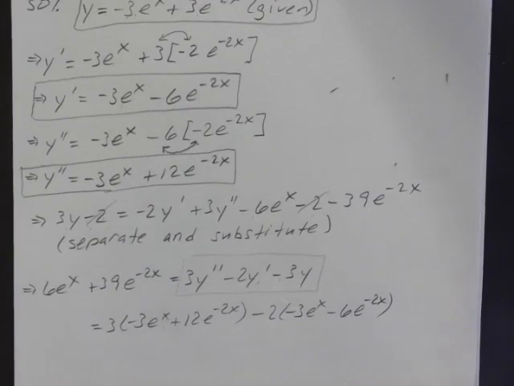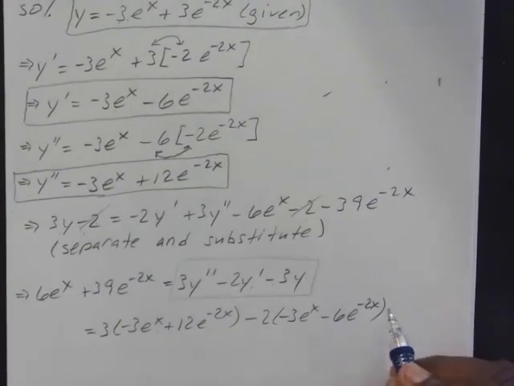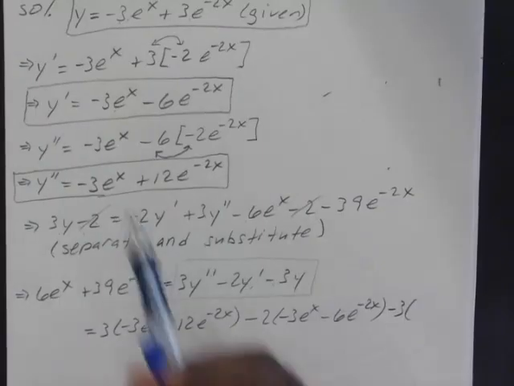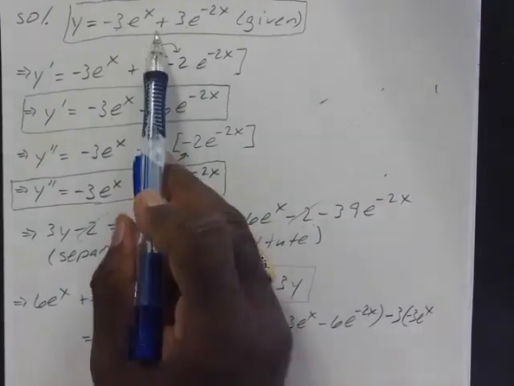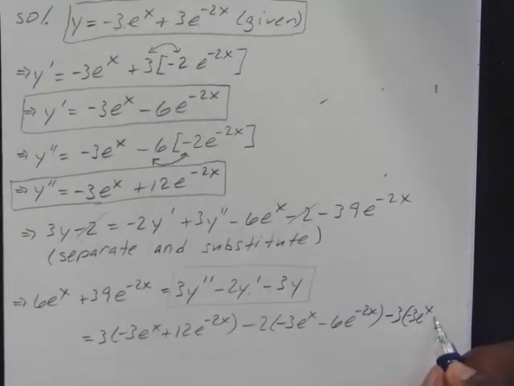Minus 3y, so minus 3 times negative 3 e to the power of x plus 3 e to the power of negative 2x.